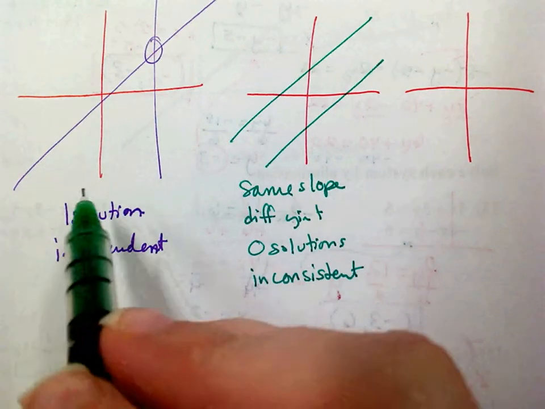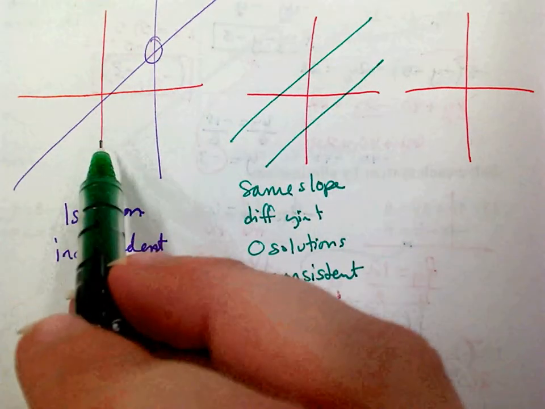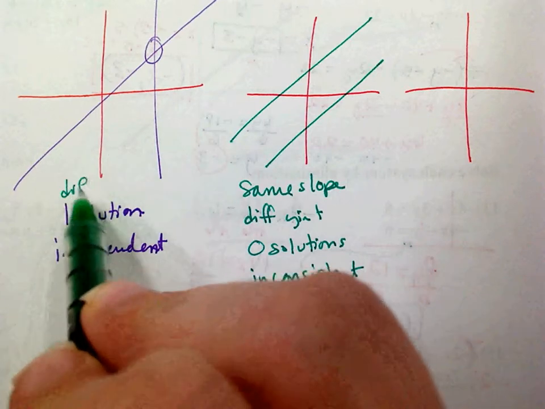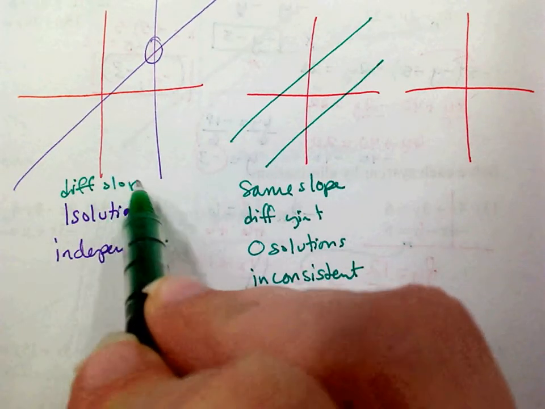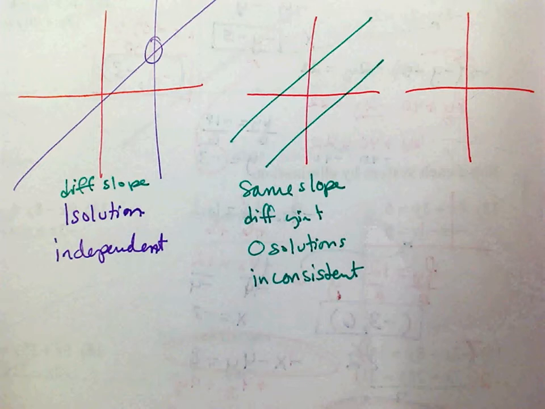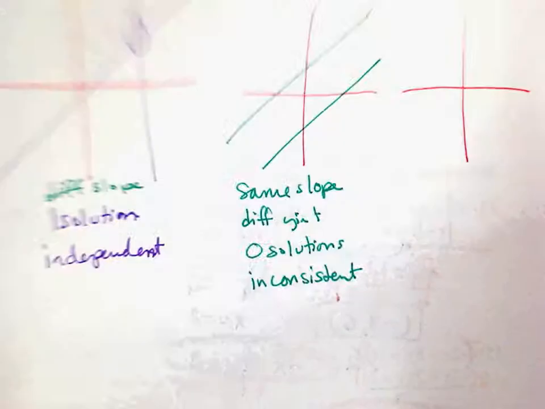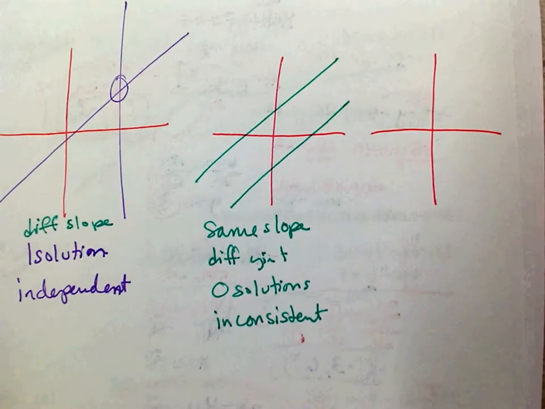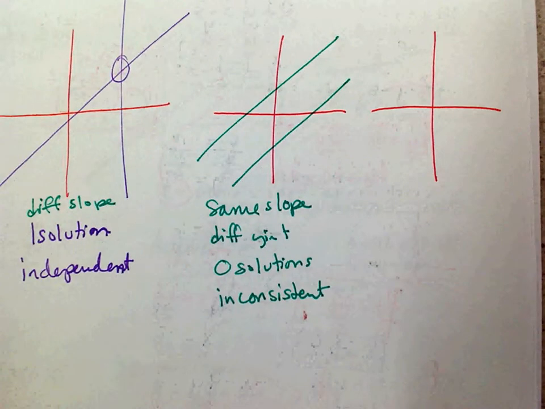Do these have the same slope over here? No. As long as you have a different slope, then they're independent. Okay, so what's the third option? Which means the two lines are what? Right, they're the same line.